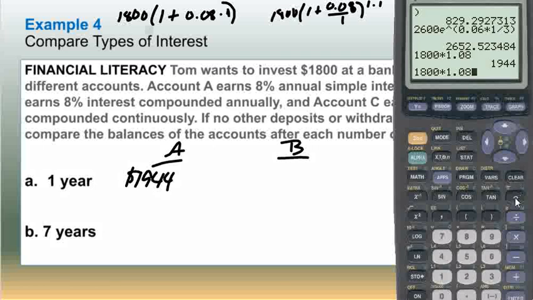I would now have to raise this to, or not raise that to 7, so 1,800 times 1 plus 0.08. Let me put the parentheses in here.